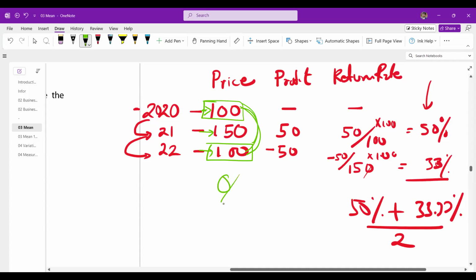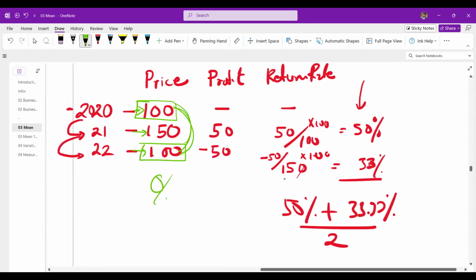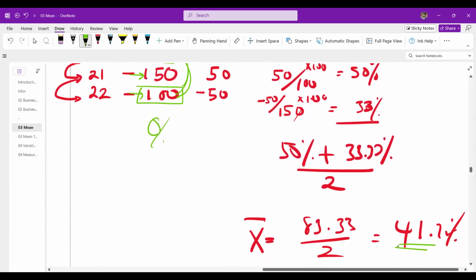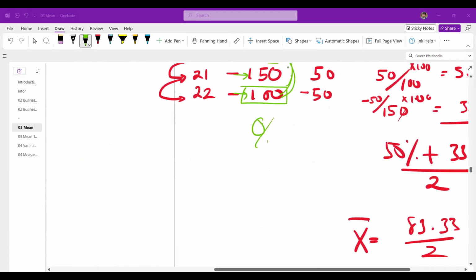So there is no profit, no loss actually. How can we say the average profit is 41.7? It is an inappropriate method of calculating return.